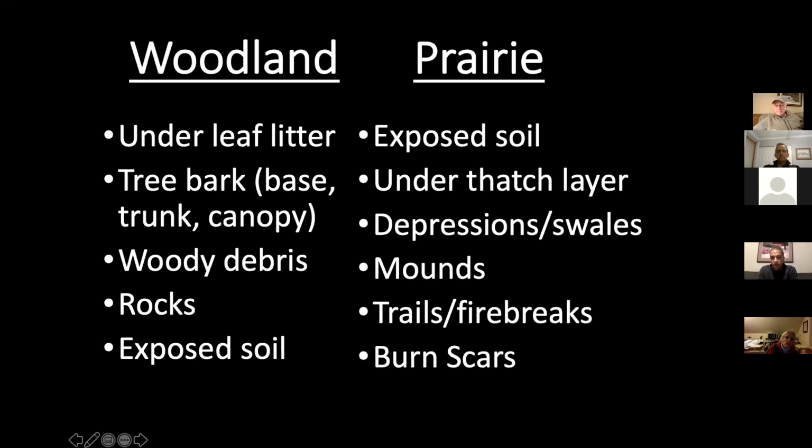And two of the main broad habitat types I work in are woodlands and prairies, and within those two, here are some examples of what microhabitats would be. It could be under leaf litter, where there's less light and more moisture, up on trees, where it's going to be a little drier with more air exposure, then growing on soil versus rocks.